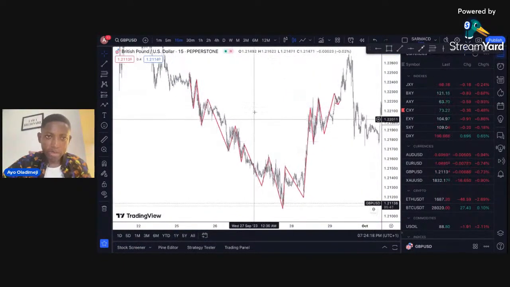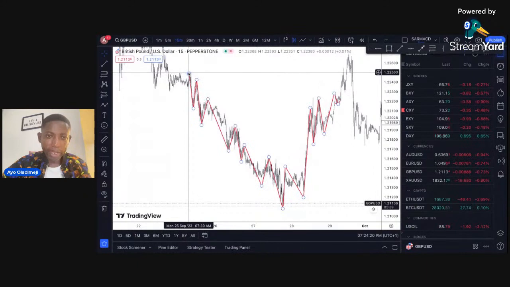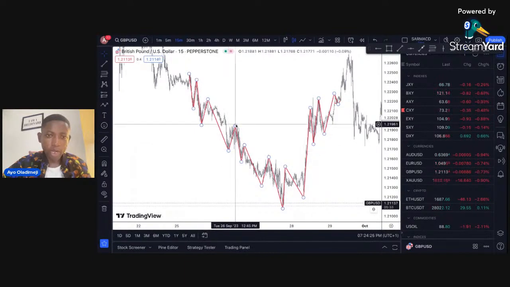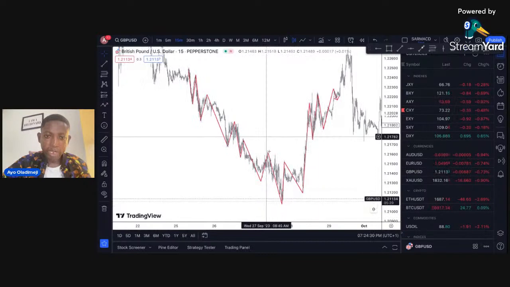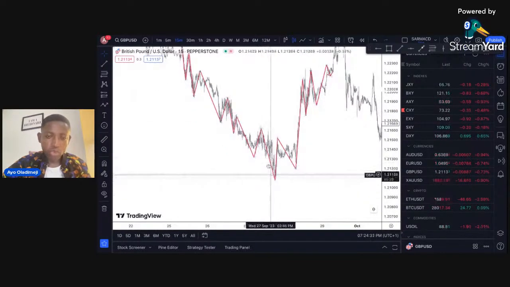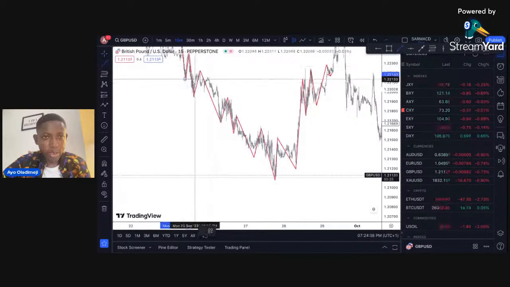So these are the moves: low, high, low, lower high, lower low, lower high, lower low, lower high, lower low, lower high, lower low, lower high, right? Lower low. So you see how all the lows are being broken. Here, the low was broken by an impulse leg.